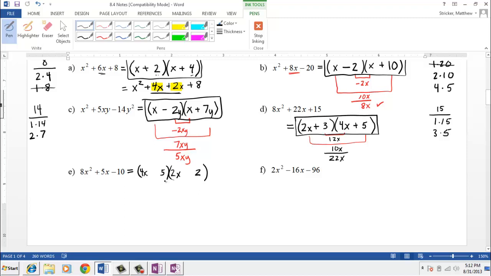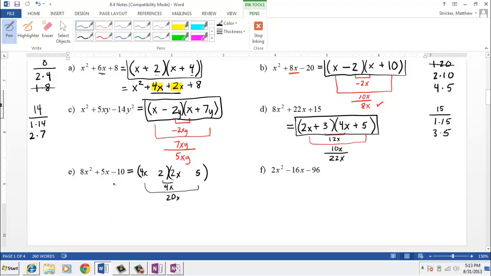And so here we have a 10x, and here we have an 8x. I can't get 5 with 8 and 10. So then we might try switching the 5 and the 2. If we switch the 5 and the 2, this is a 4x and this is a 20x. Again, that doesn't give us 5x.